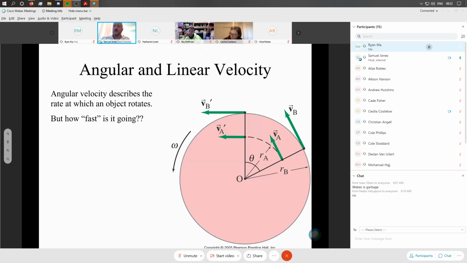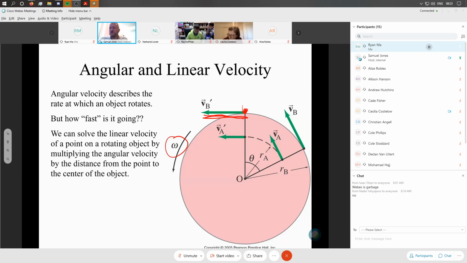Or in other words, if I have a wheel like this pink wheel here, and I'm sitting at the very edge right here, and I'm going around with some angular velocity omega, what does that translate to in terms of actual speed? Okay, so this is important because we want to know this, especially if we're dealing with a car tire.